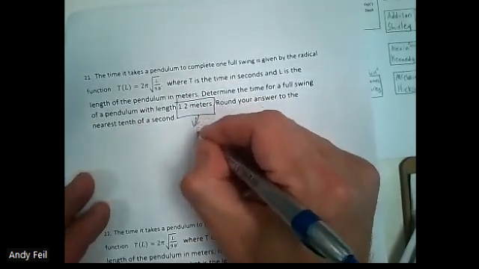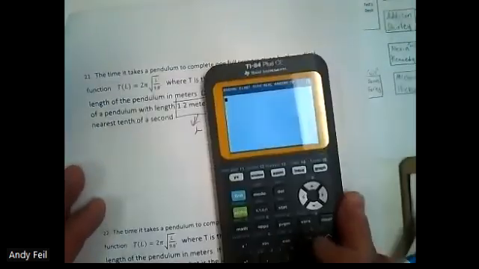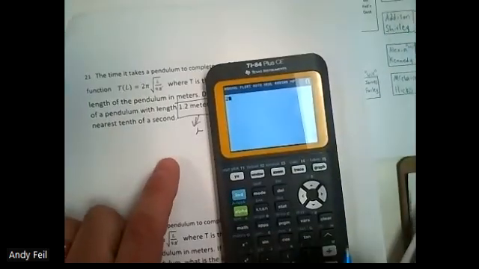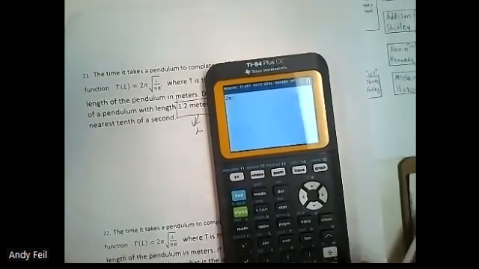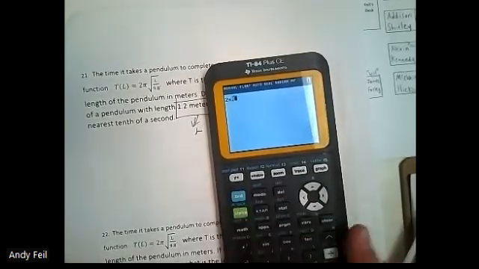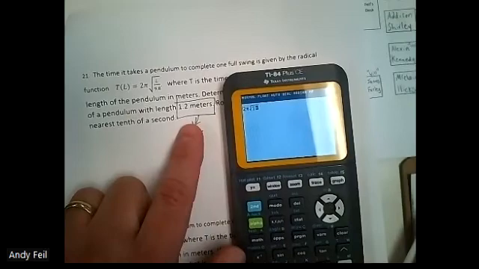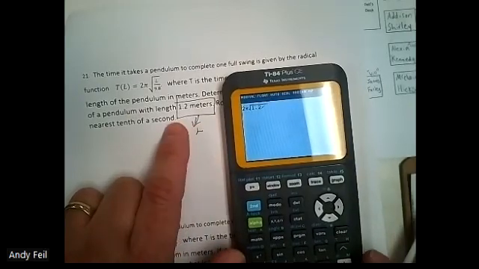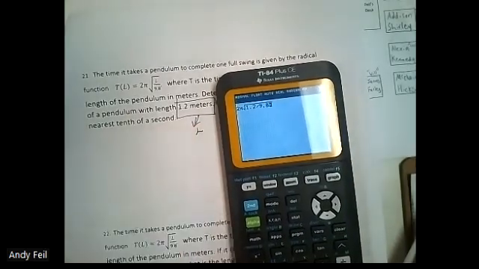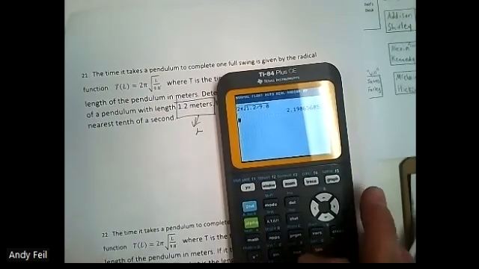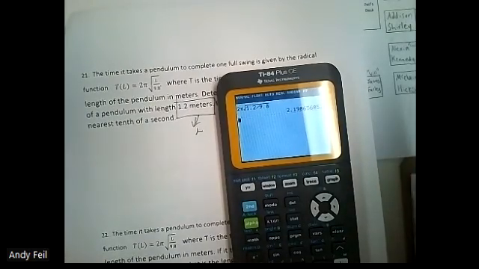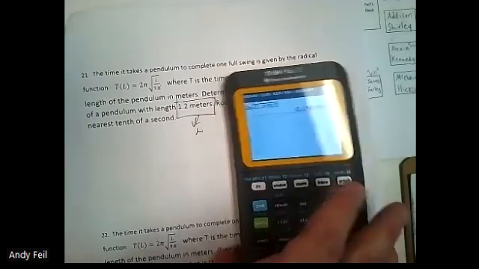That is a length. So calculator, type in 2 pi times the square root of 1.2 divided by 9.8 equals, it's about 2.2 seconds.